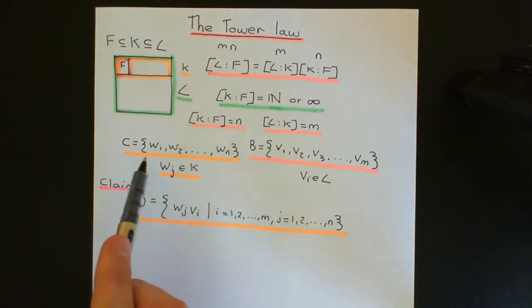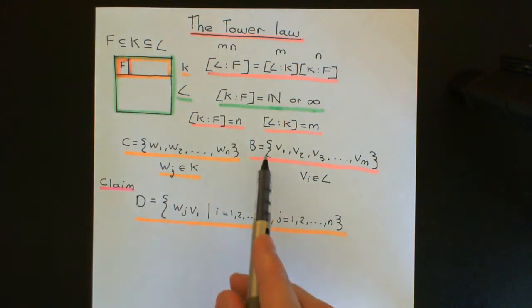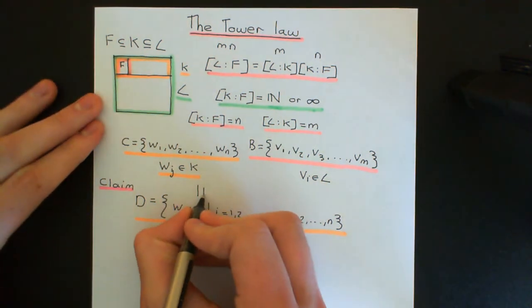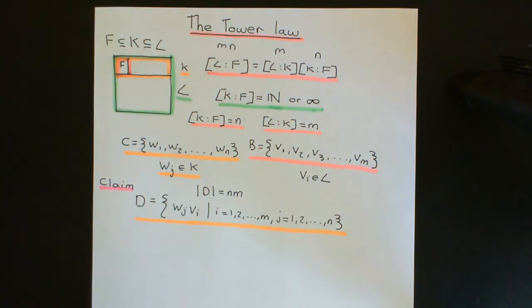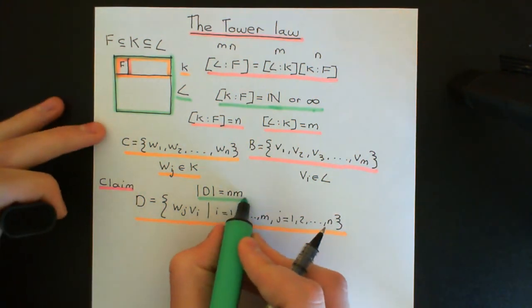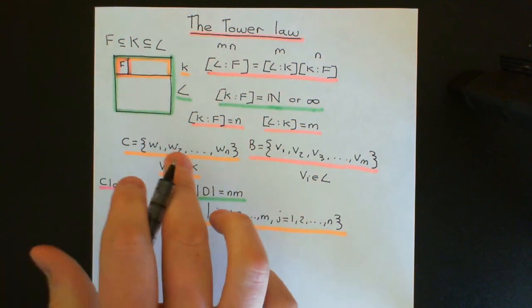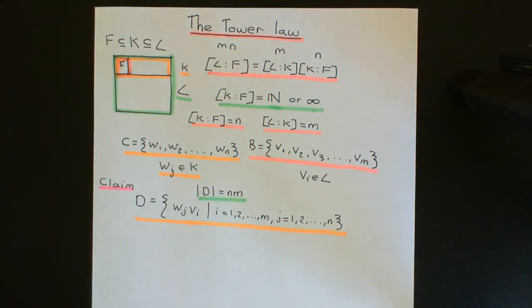Well, there's n possibilities for how many w's we can pick, and there's m possibilities for the v's, so the order of this set is just going to be n times m, and therefore the degree of L over F would be n times m, i.e. the degree of L over K, which is this one here, times the degree of K over F.